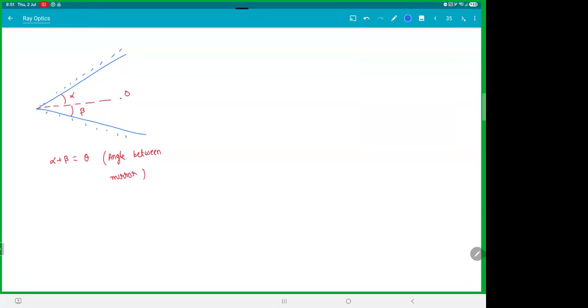This is how the rule goes: you keep adding theta to get an image in the next mirror. I'll tell you what it means. When you keep doing this, finally you will get some alpha final, beta final, plus theta equals 360. If the sum of these final angles is 360, that means the last images coincide.